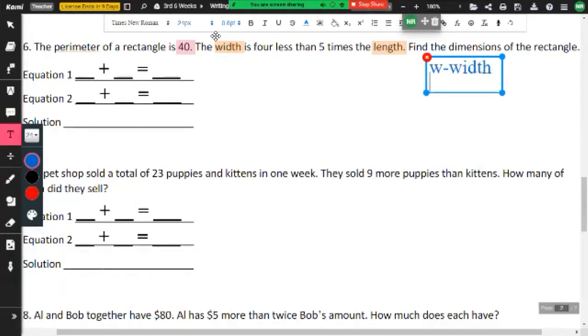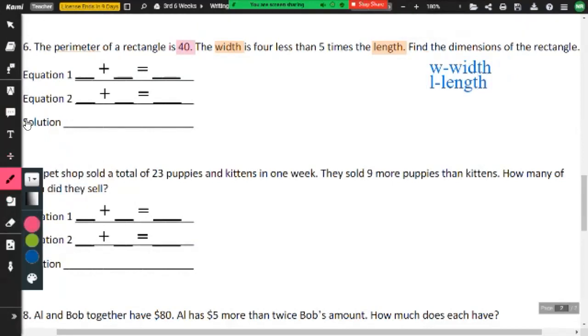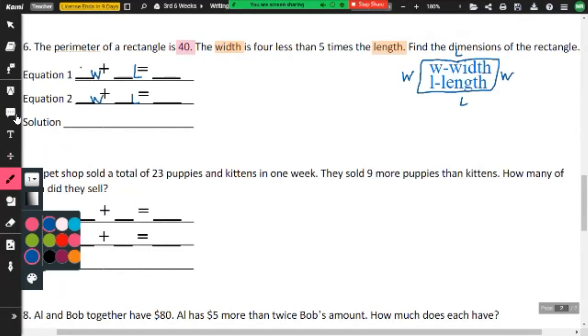And when you add up all the sides, you notice that you don't have just one width on a rectangle. You have two widths and two lengths when you add up all the sides of a rectangle. So it's just, let me just do this, WL, WL. So it's 2 and 2 instead of 1 and 1.